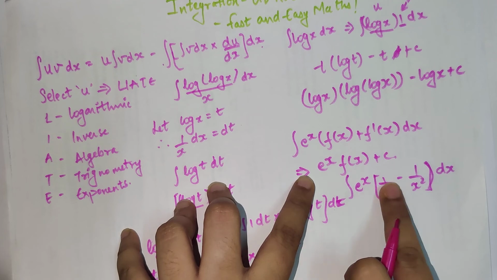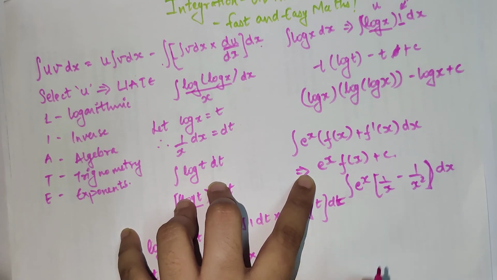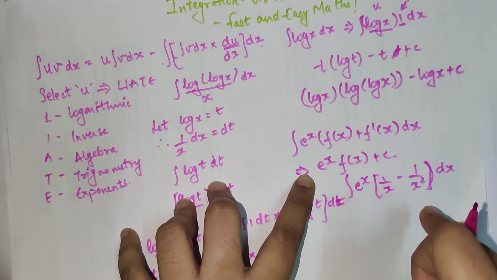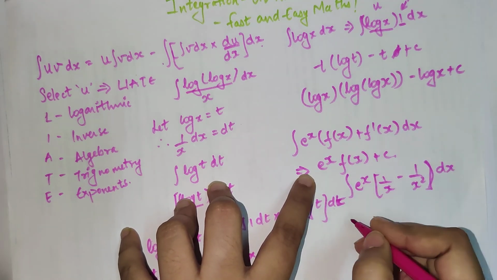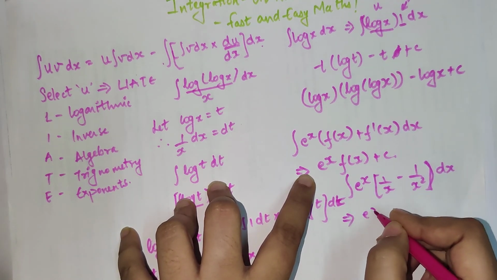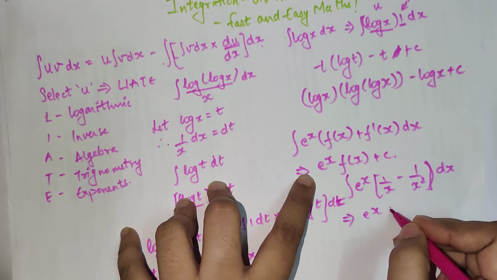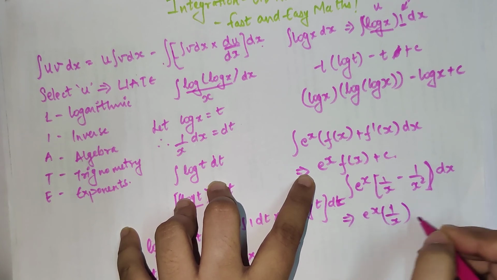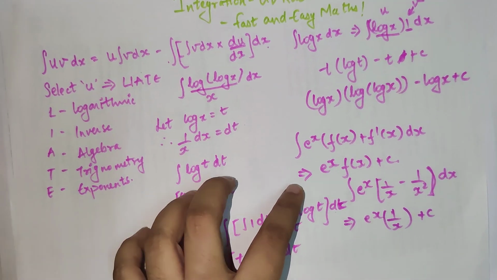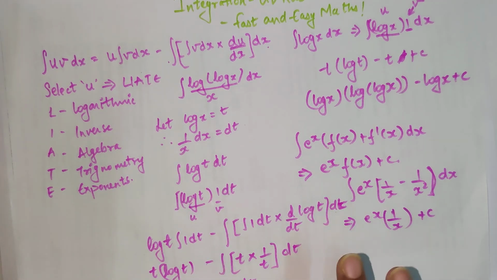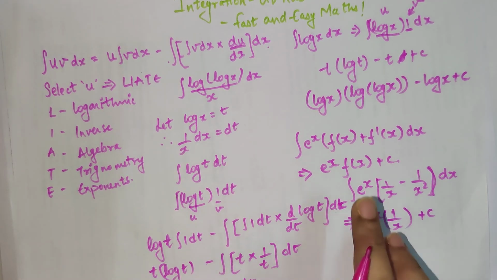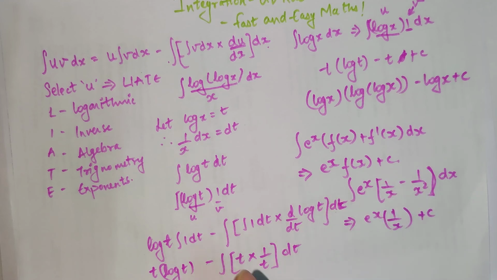If 1 upon x is your f of x, differentiation of 1 upon x is minus 1 upon x square, so it is very direct. The final answer should be e raised to x into 1 upon x plus c. You understood how easy this became. I wrote this property because this is very simple, even if I had not mentioned it you would have done it, but it is important for the objective part, as something like this can come in your boards.